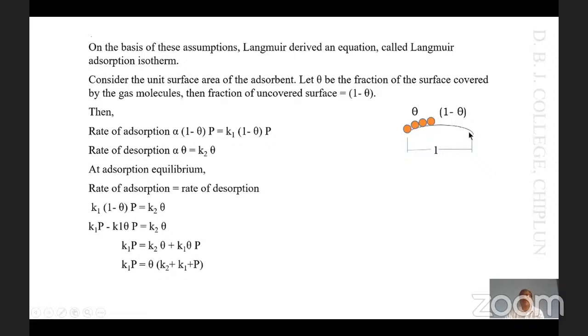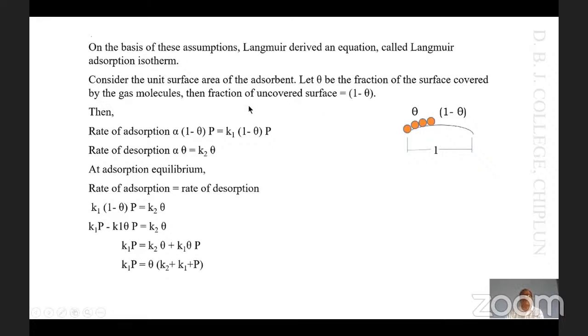Now consider the unit surface area of the adsorbent. Unit surface area is nothing but say 1 square centimeter or 1 square meter, like that. Let theta be the fraction of the surface covered by the gas molecules.